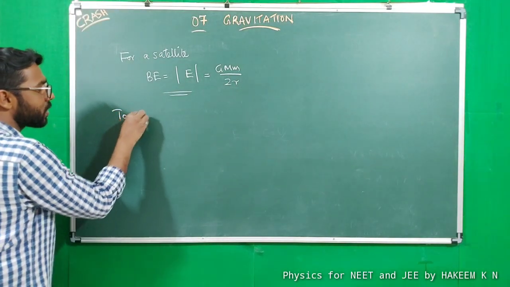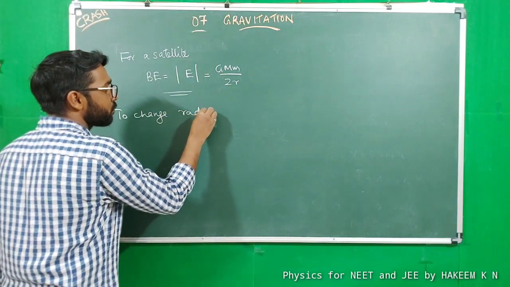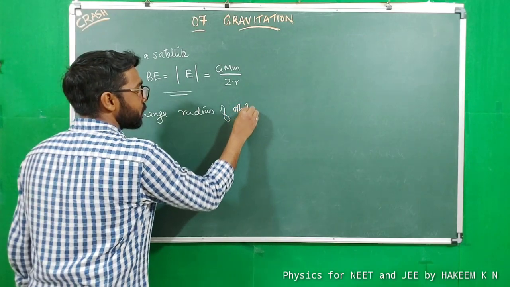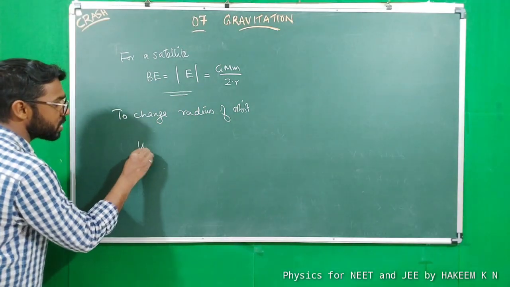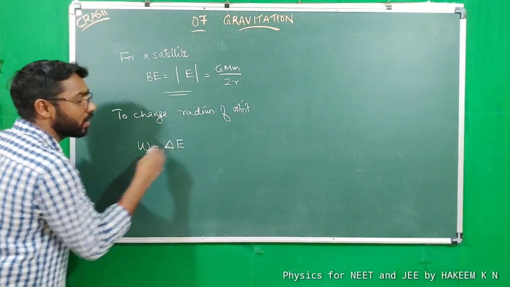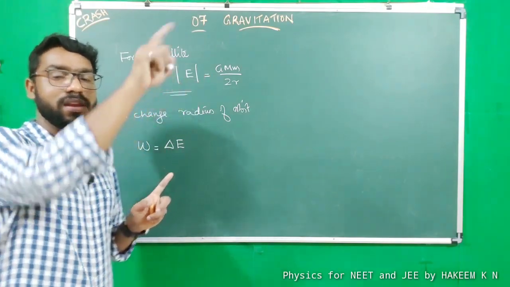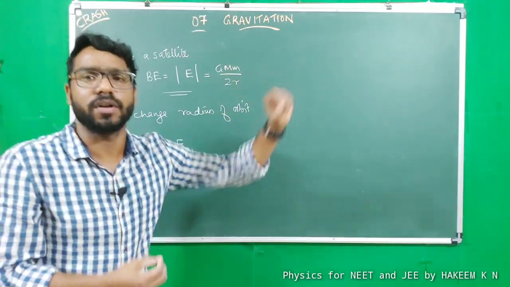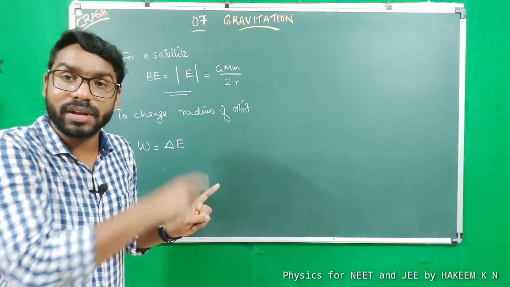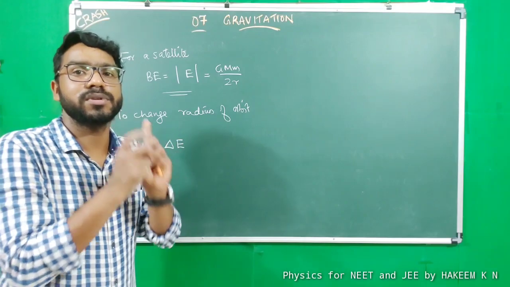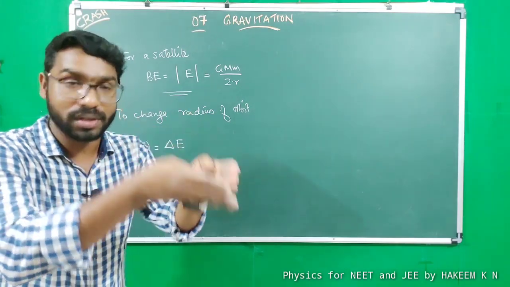To change the radius of the orbit, that means orbit changed and radius changes from r1 to r2, then work done should be change in total energy. Here satellite possesses both kinetic energy and potential energy. In the earlier case a body is moved from r1 to r2, and that body was at rest. Here satellite is revolving around the planet, so it possesses both kinetic energy and potential energy, so work done should be change in total energy.